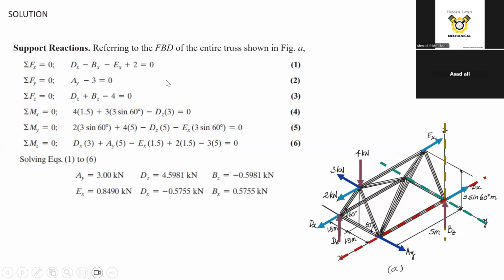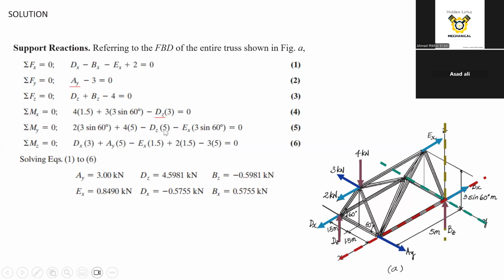So if we take the second equation, through this we can find the support reaction at point A in the vertical direction, which is 3 kilonewton. And through equation 4, we can find the support reaction at point D in the axial direction, which is 4.5981 kilonewtons.